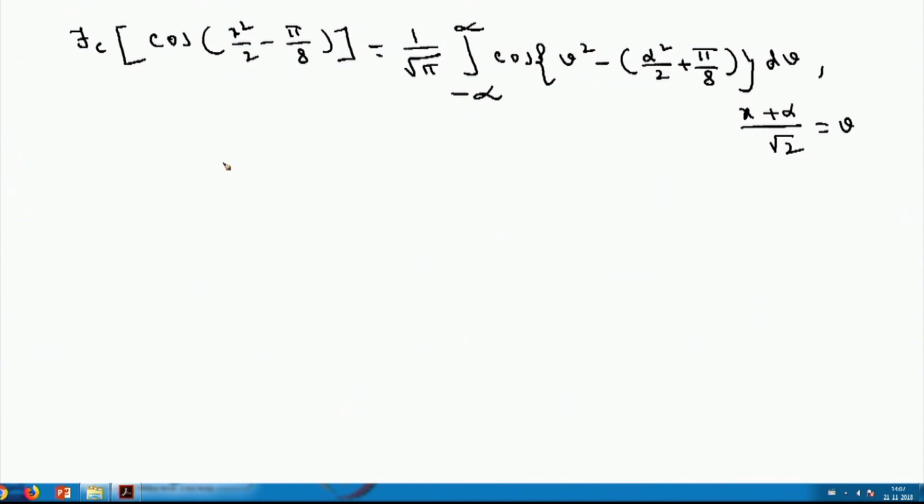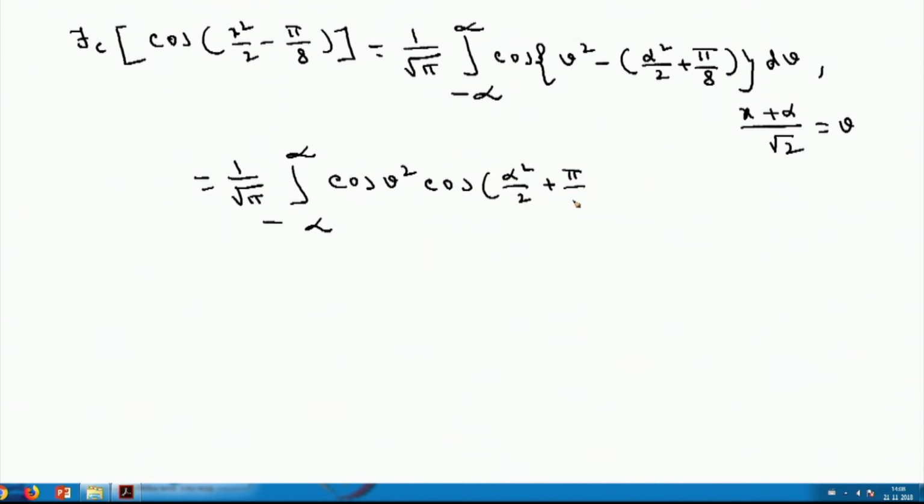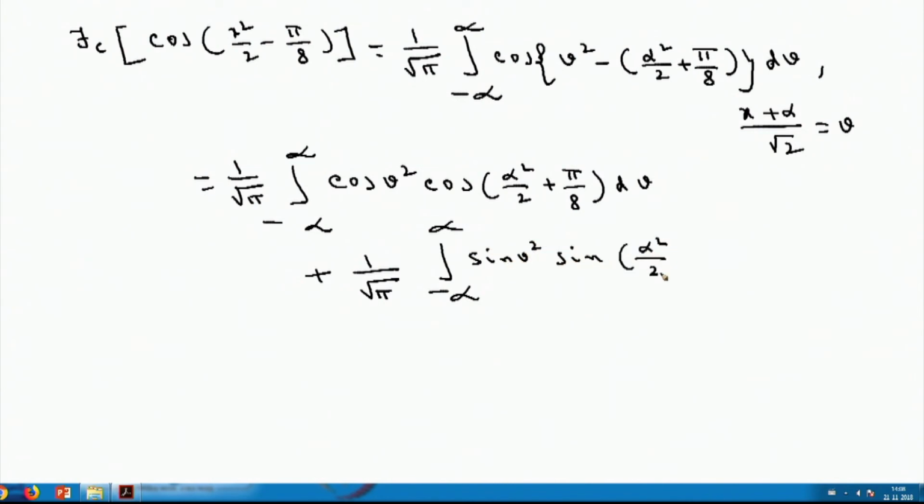Once I obtain this, you can write down 1 by root 2 integral from minus infinity to infinity of cos of v square into cos of alpha square by 2 plus pi by 8 into dv, plus 1 by root pi, integral from minus infinity to infinity of sin of v square into sin of alpha square by 2 plus pi by 8 into dv.